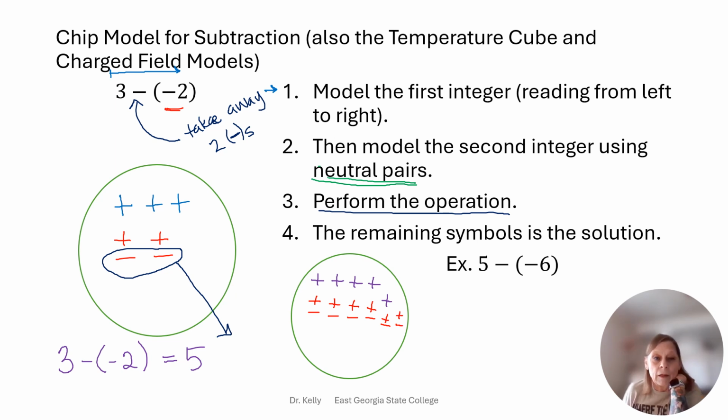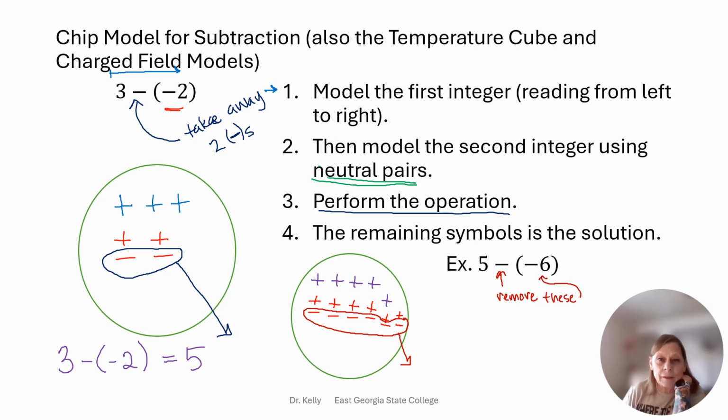Okay. And now what we're doing is we're taking away 6 negatives. So I need to remove those 6 negatives, because this says right here, remove these.